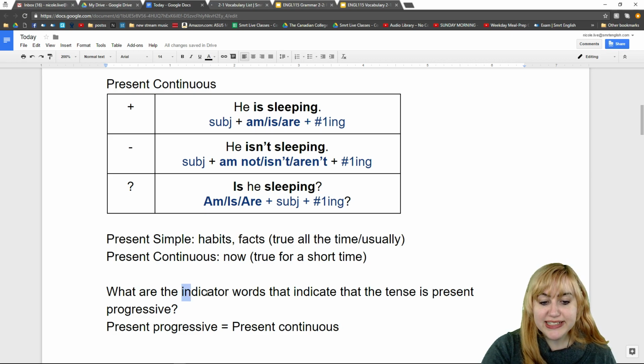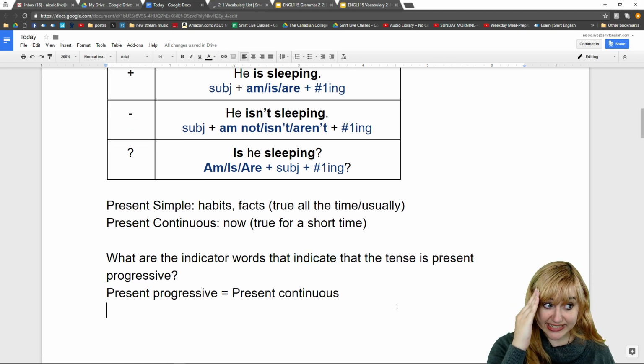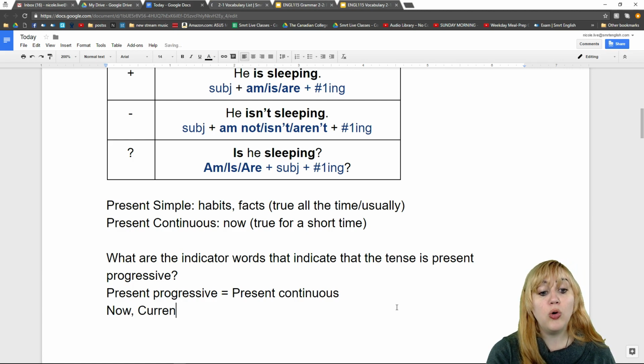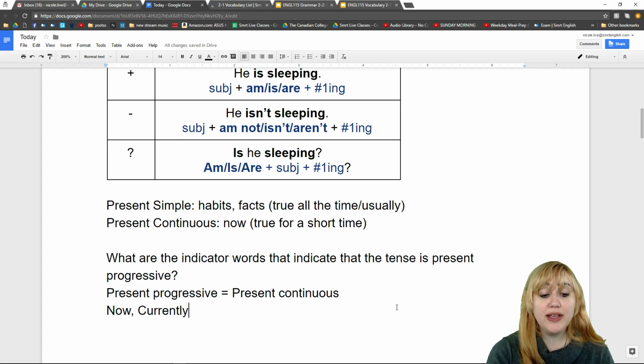So Rosa is asking, what are indicator words that indicate that the tense is present progressive? So these are words that you might see in a sentence that usually go together with present continuous. For example, words like now or currently are very often used in present continuous or present progressive.